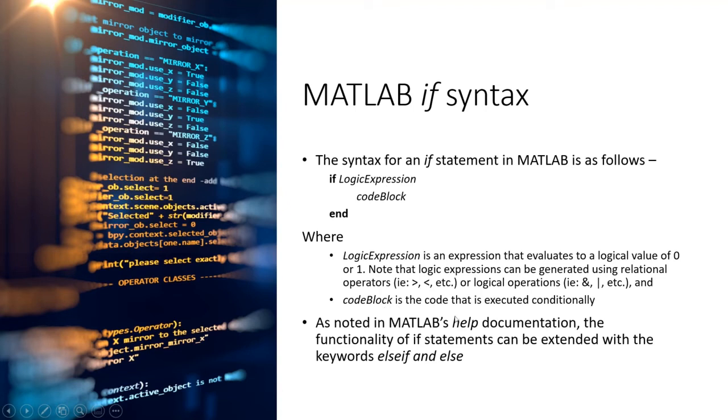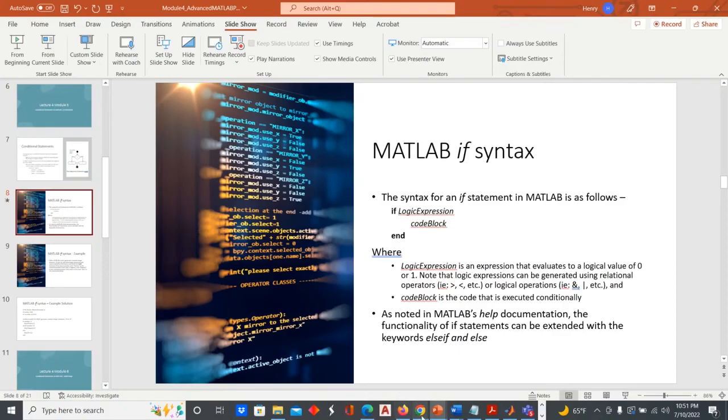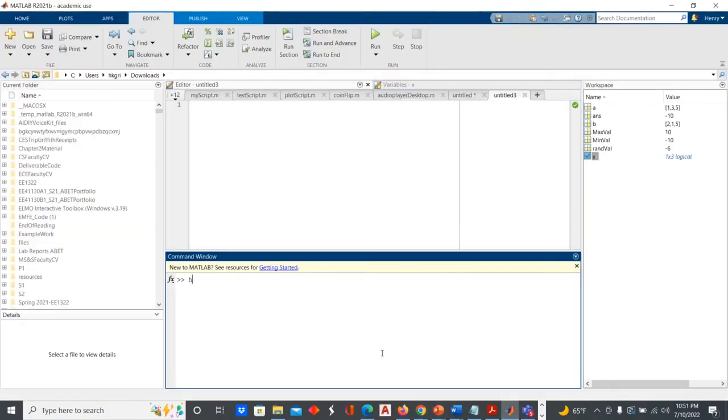If you use the help function in MATLAB for the if keyword, you'll notice that you have an ability to generate an arbitrary number of code blocks conditionally. And you do that using what's known as the elseif and else keywords.